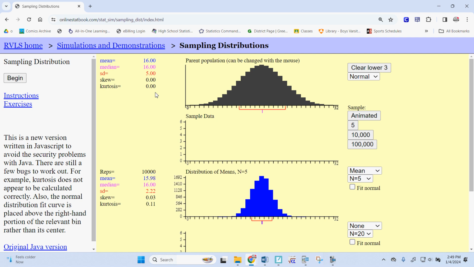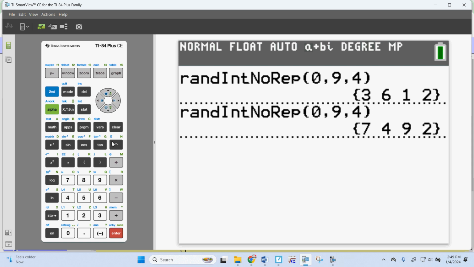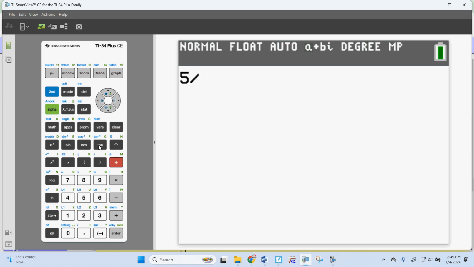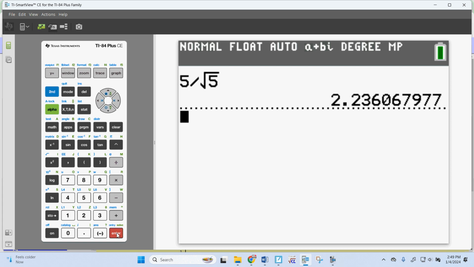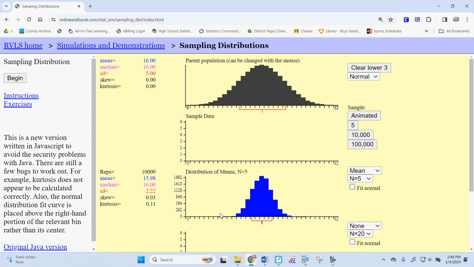So if we look here, we had 5. Our sample size was 5. So if we take 5 divided by the square root of 5, our new distribution is 2.23. And you can see we had 2.22. If we have a bigger sample, let's do a sample of size 20.